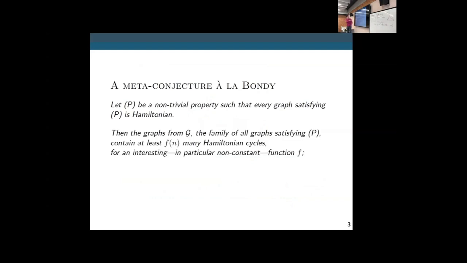And then I say that these graphs from some family of all graphs satisfying this property contain at least f(n) many Hamiltonian cycles for some interesting function f. It should be non-constant, I hope, and try to make f asymptotically best possible. So n is the number of points.